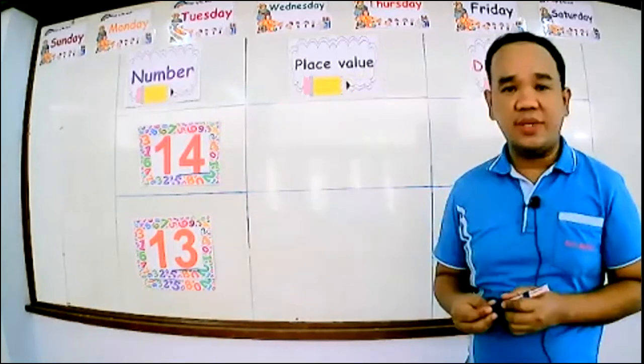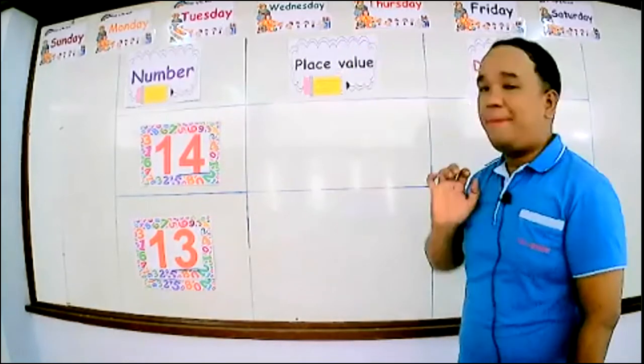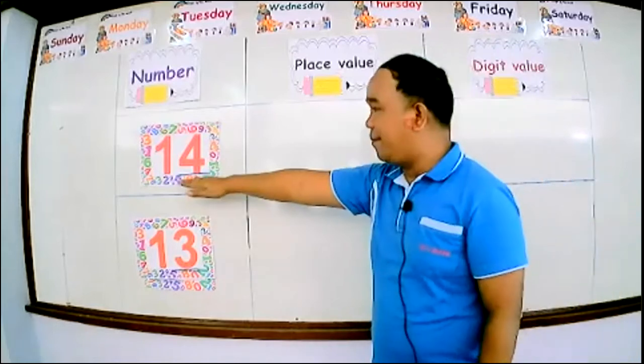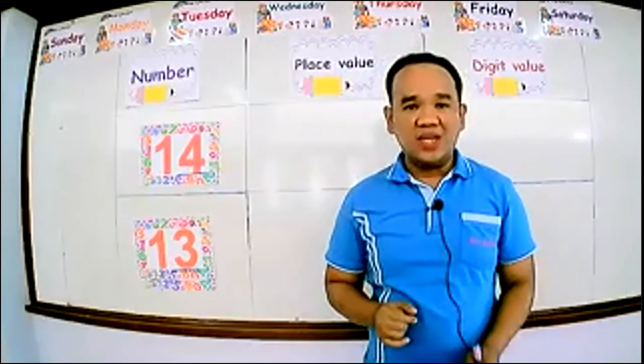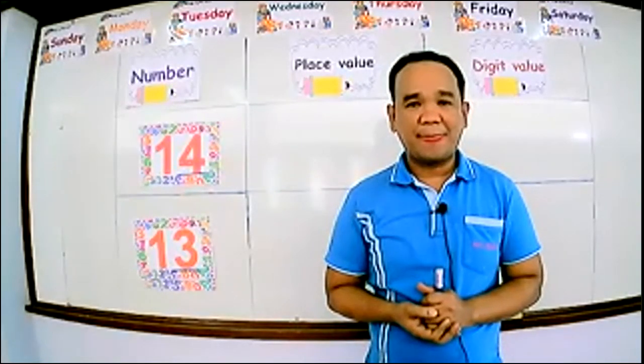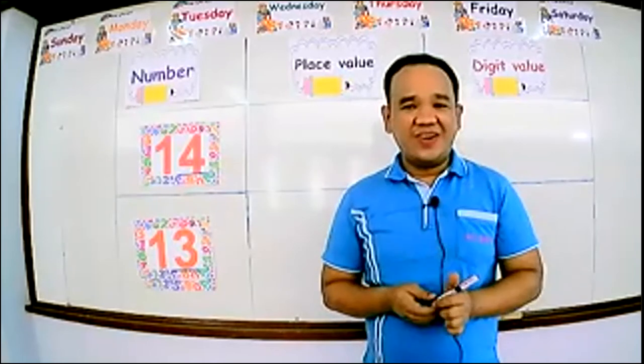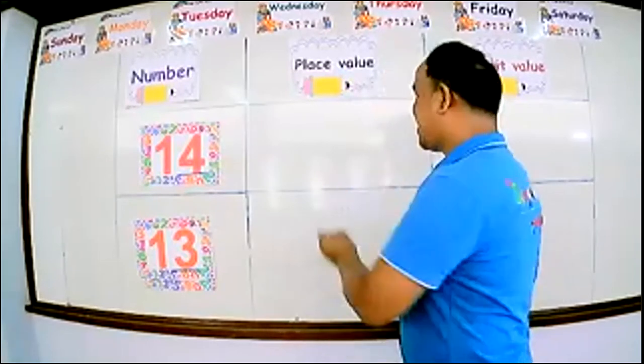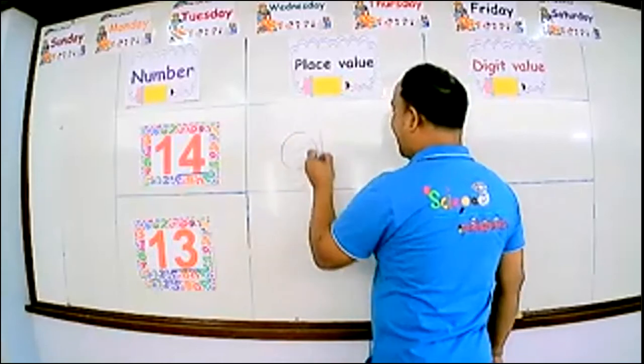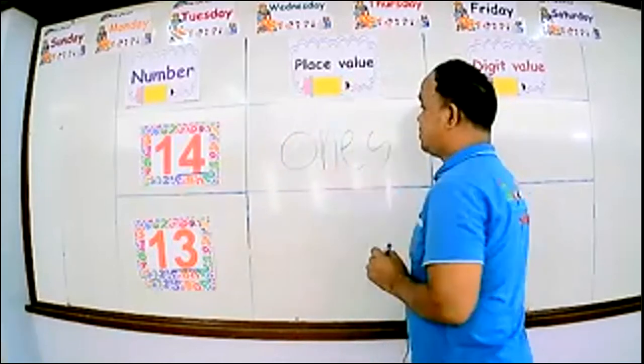Okay, question. What is the place value of number 4? Is it ones or tens? Very good. It's ones. 4 is the ones.